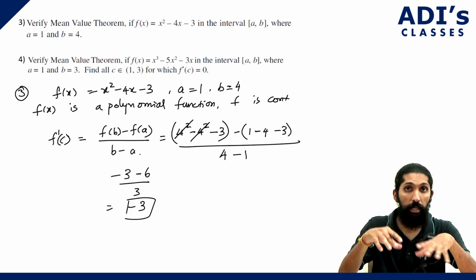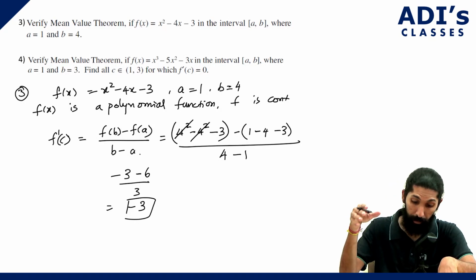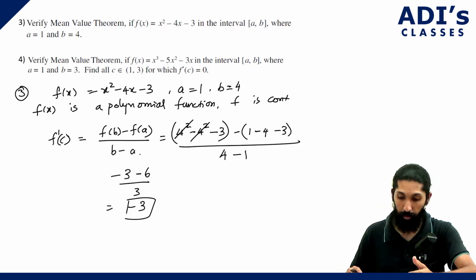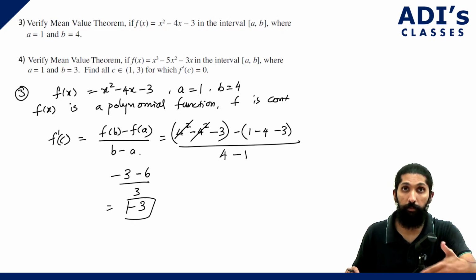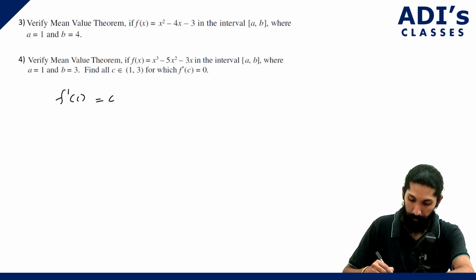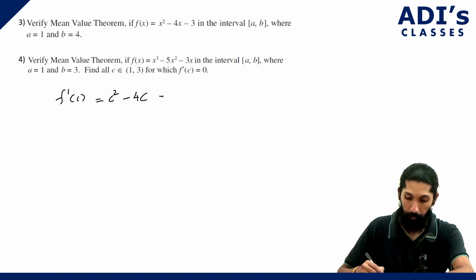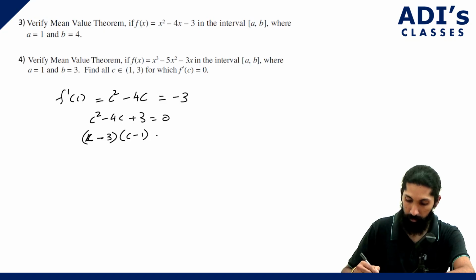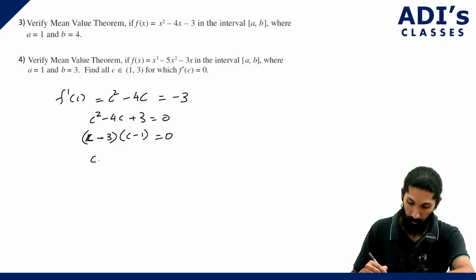Now c has to be a value in between a and b. Makes sense, correct? So now we prove that c exists between a and b. f dash of c becomes 2c minus 4, but this value is minus 3, isn't it? So what do you get? c square minus 4c plus 3 is equal to 0. So can we write this as c minus 3 into c minus 1, a quadratic? So c is equal to 1 or c is equal to 3.